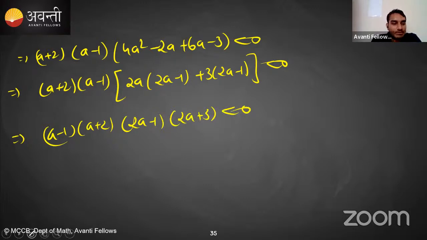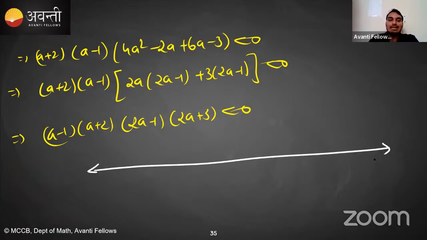Right? So now, we studied inequality in so much detail. What do you do? Mark the critical points on the number line in increasing order. So a minus 1 is 0 at a equal to 1. a plus 2 is 0 at a equal to minus 2. 2a minus 1 is 0 at a equal to 1 by 2.